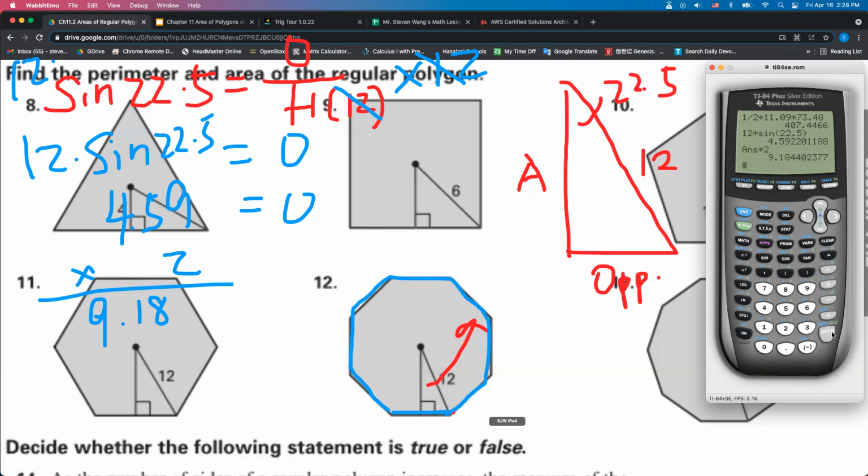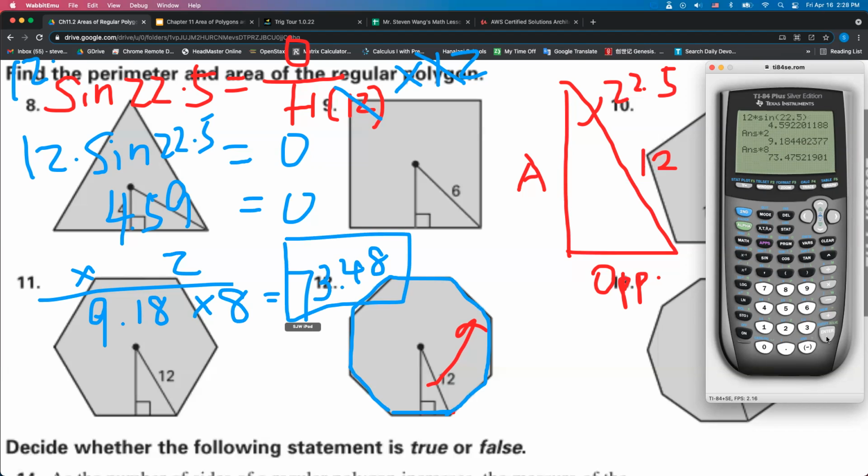Remember that's 8 sides, so I can use that times 8, which will give you 73.48. All right, I'm going to box this answer. Now remember I need my half AP, right? I already have my P. Now I need to figure out my A.